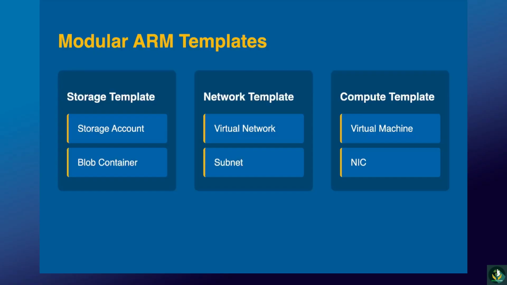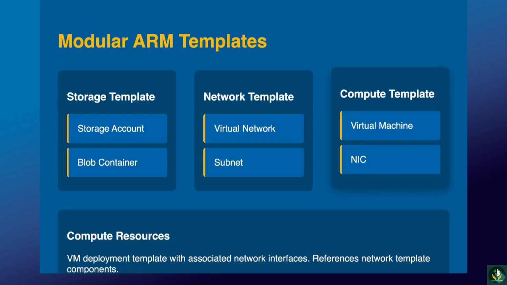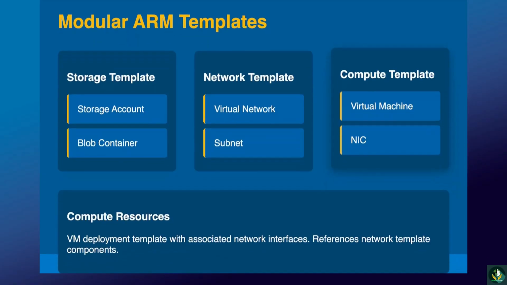As you can see on my screen, you can break a larger template into smaller ones such as a storage template, a network template containing virtual network and subnetting, and a compute template containing virtual machine resources and NIC resources.